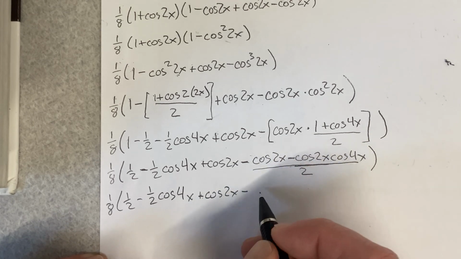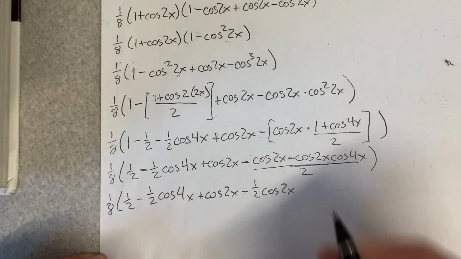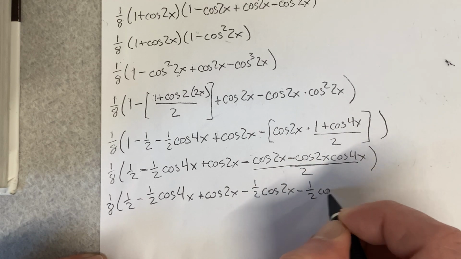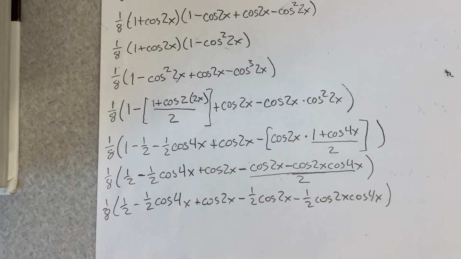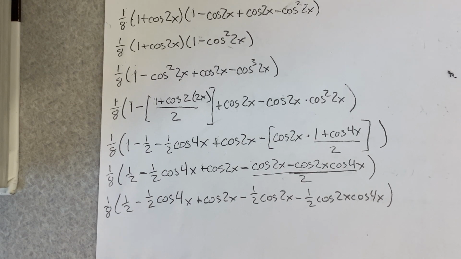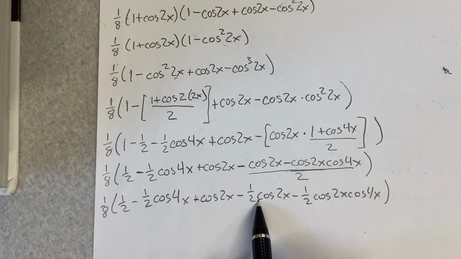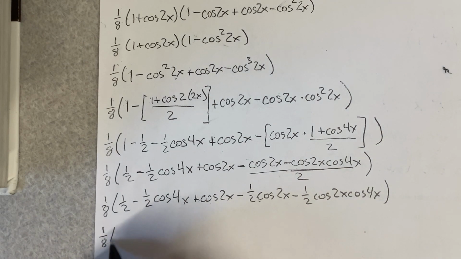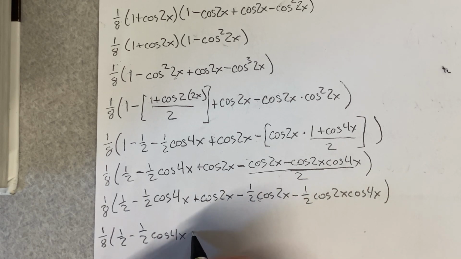This is really minus 1/2 cosine of 2x, minus 1/2 cosine of 2x cosine of 4x. Okay, so we're going to combine terms here. Right, that's 1 minus 1/2, so now we're at a plus 1/2 cosine of 2x.